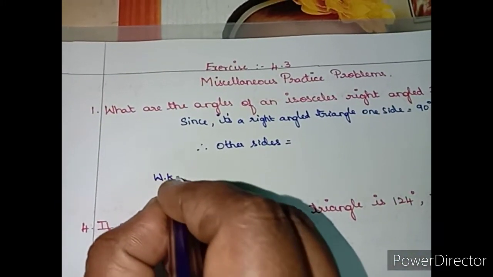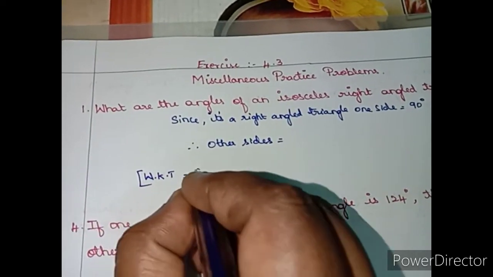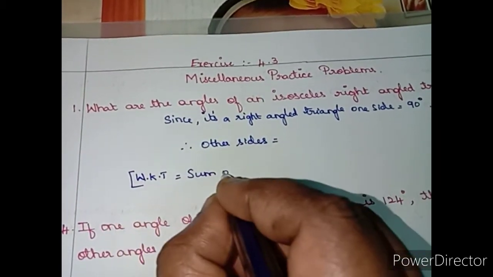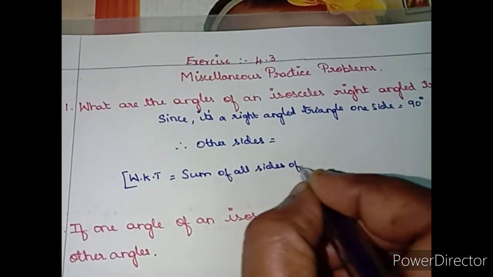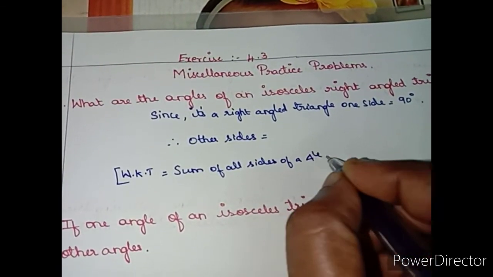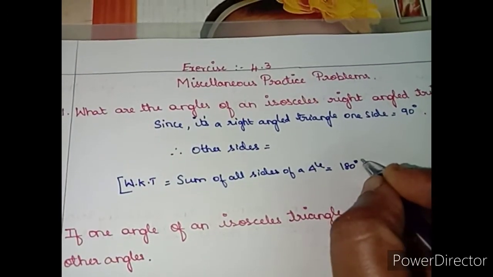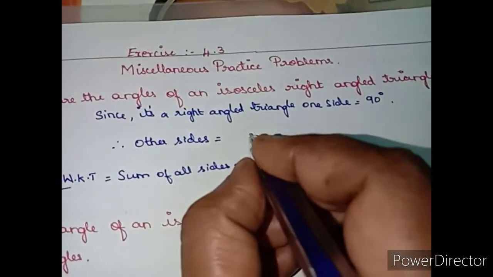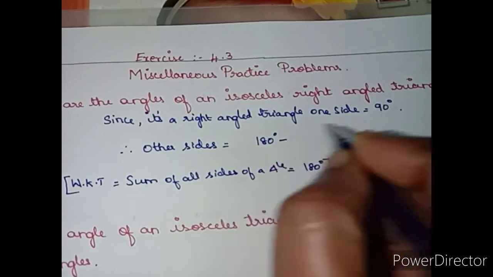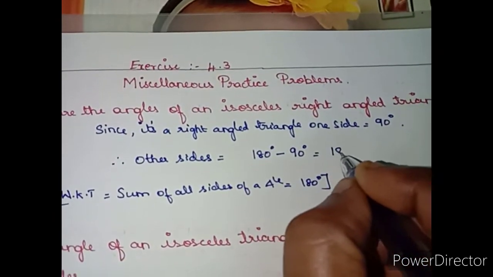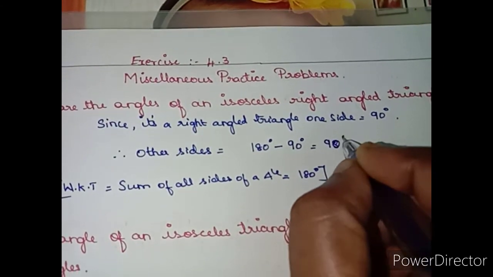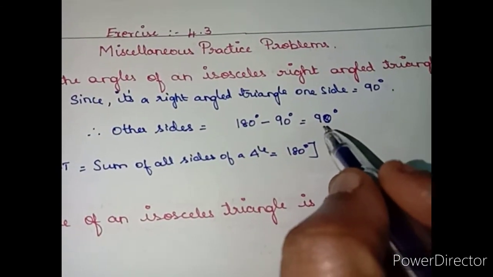We know that the sum of all angles of a triangle is 180 degrees, right? So 180 degrees minus the right angle, 90 degrees, so the remaining is 90 degrees.